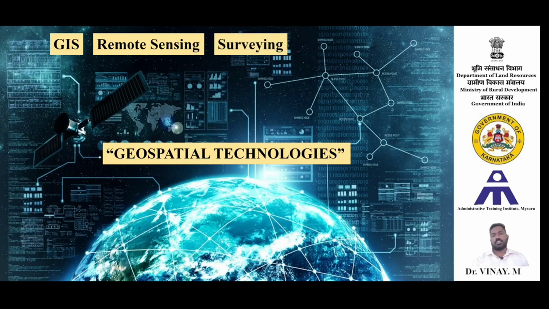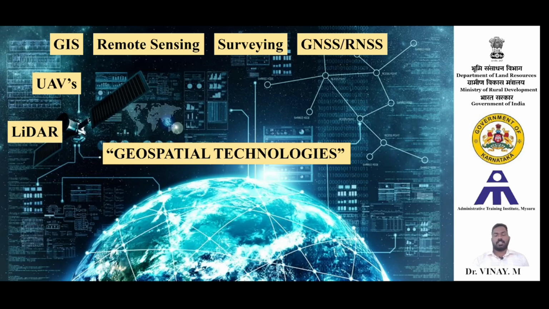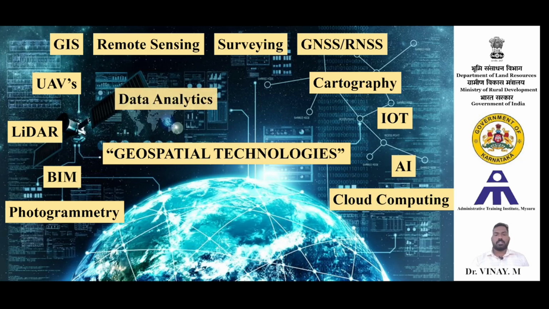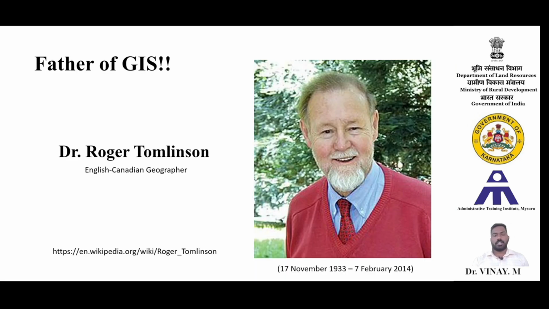Then surveying, GNSS, Global Navigation Satellite System, RNSS, Regional Navigation Satellite System, UAVs, Unmanned Aerial Vehicles, LIDAR, Light Detection and Ranging, BIM, Building Information Modeling, Photogrammetry, Cartography, IoT, Internet of Things, AI, Artificial Intelligence, Cloud Computing, Data Analytics, Deep Learning, and others. So there are a lot of technologies collectively used for geographical mapping.